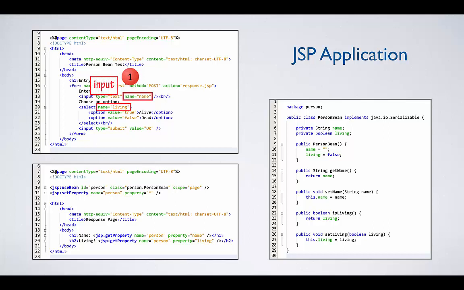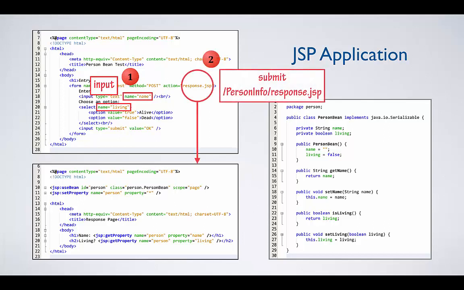One is a text string that goes into a variable called name, and the other is either a value of true or false based on a choice from a drop-down menu. And that goes into a variable called living. When the submit button of the form is clicked, the parameters from the form are sent to the response.jsp file.